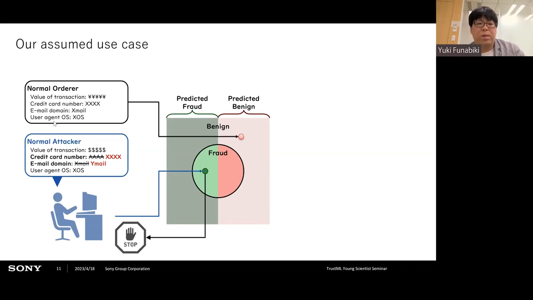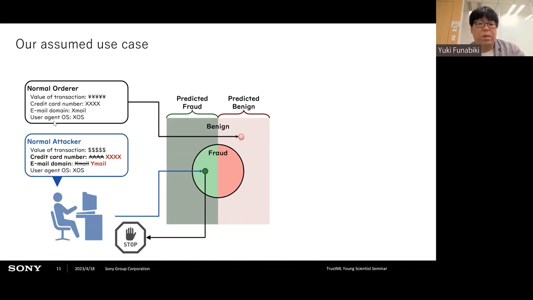In that case, we can imagine a normal attacker who uses a stolen credit card. So the value of transaction is different, and they use a stolen credit card number, and sometimes they can change their email domain or user agent OS.